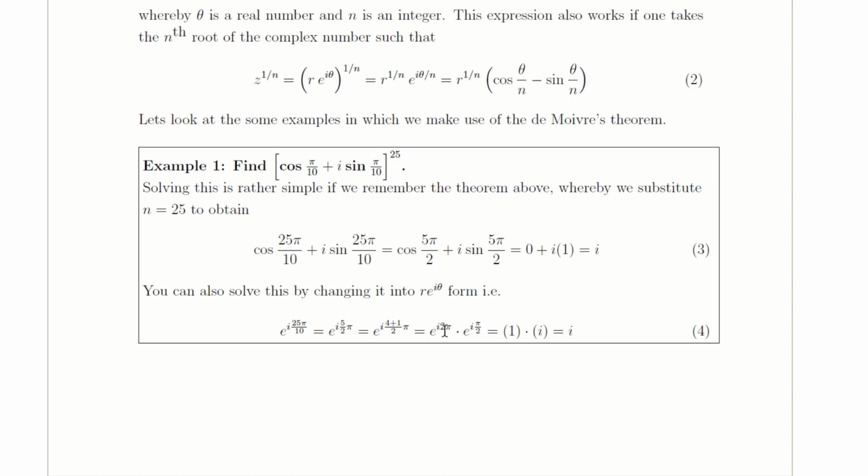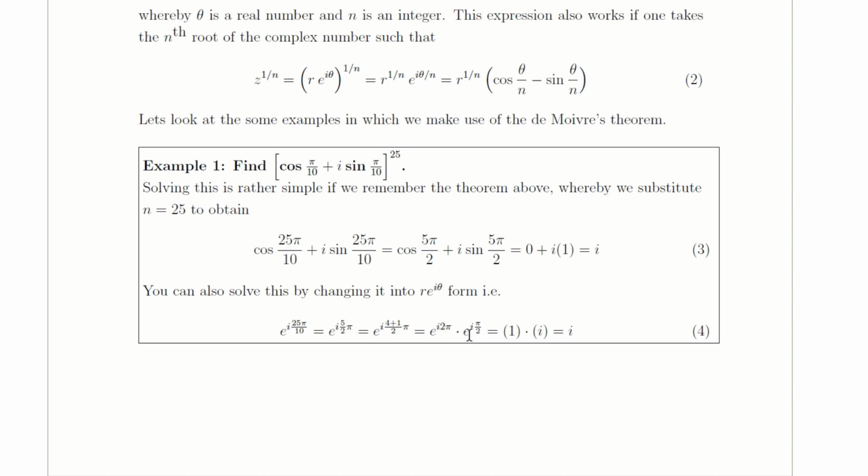Now you evaluate this term by term. e^(i2π) is going to give you 1, because if you remember, this is cos 2π plus i sin 2π. Sin 2π is equal to 0, so you only have the real part, cos 2π, which is equal to 1.